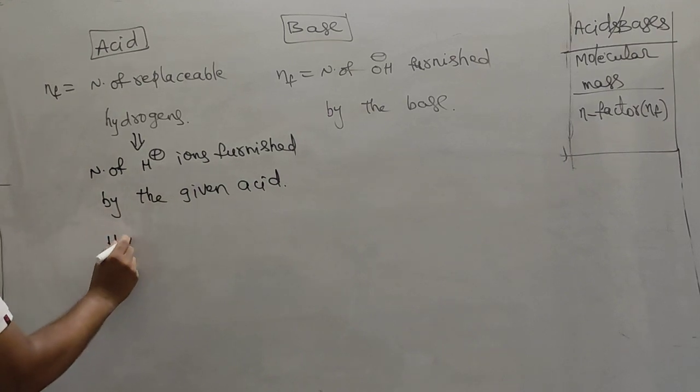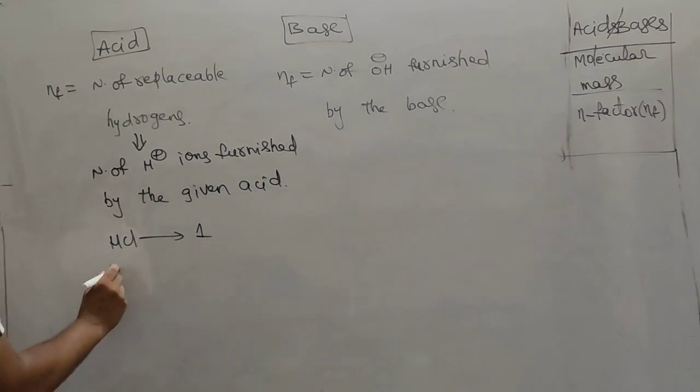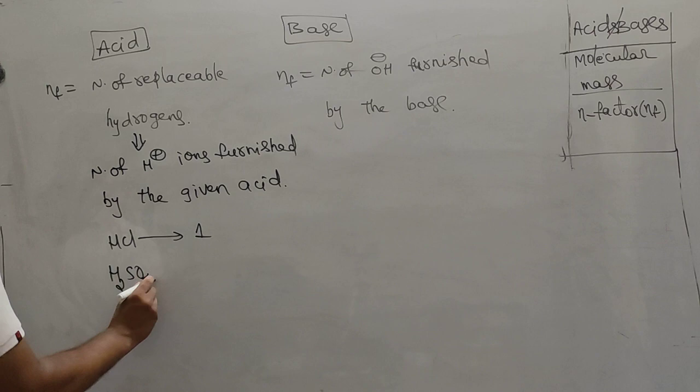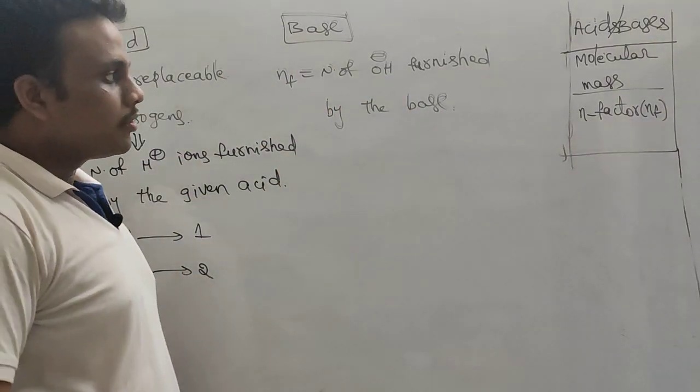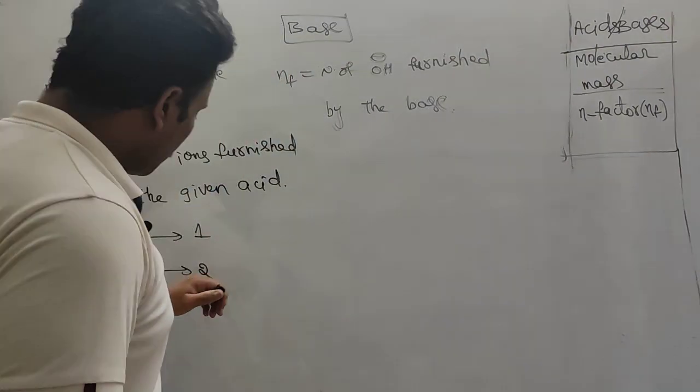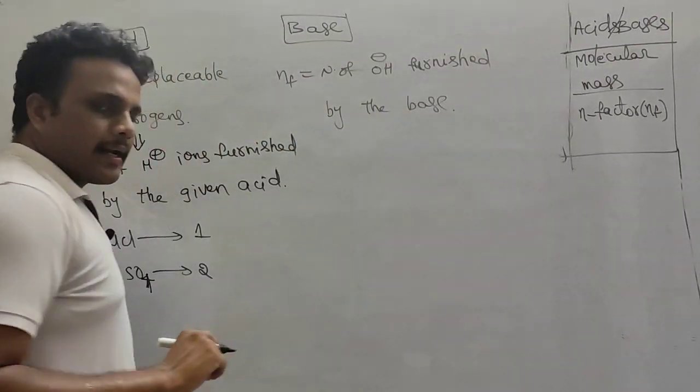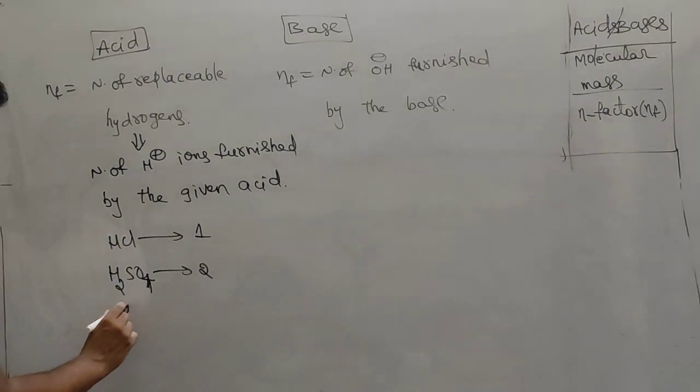Like you see, HCl can furnish 1 H plus, sulfuric acid can furnish 2 H plus ions. This is nothing but the n factor, because you know how to calculate molecular mass. So by knowing the n factor, you can easily calculate the equivalent mass.